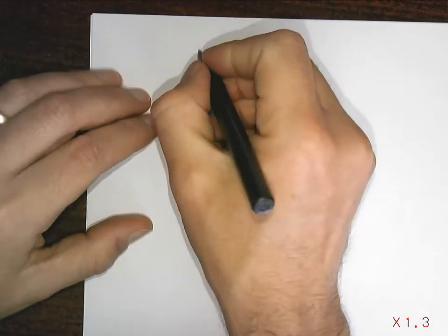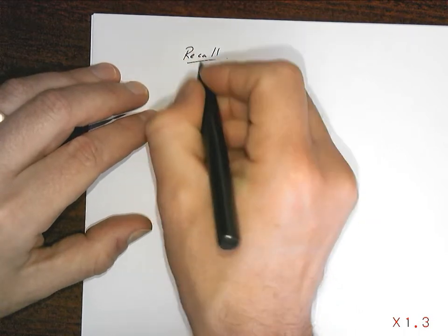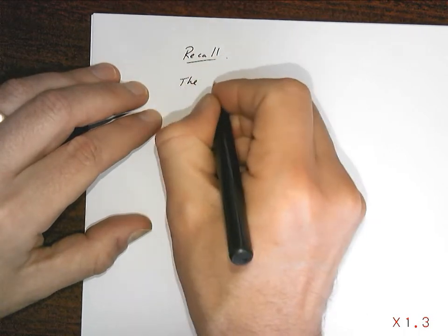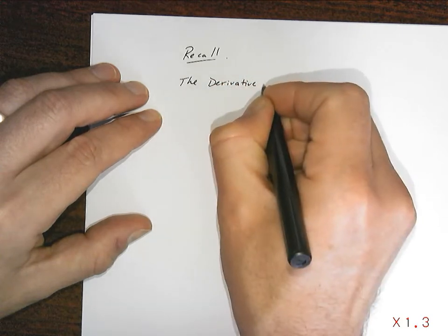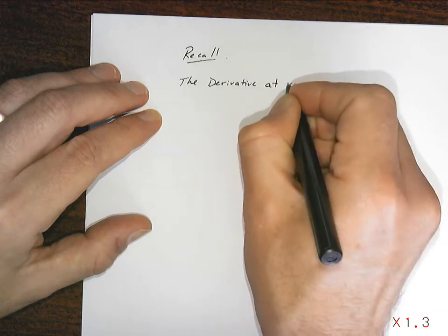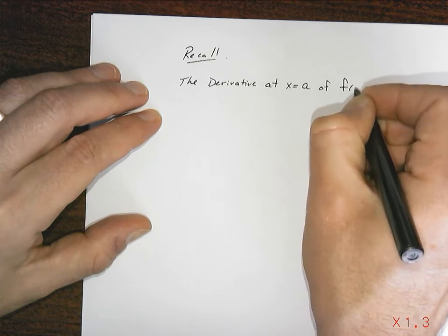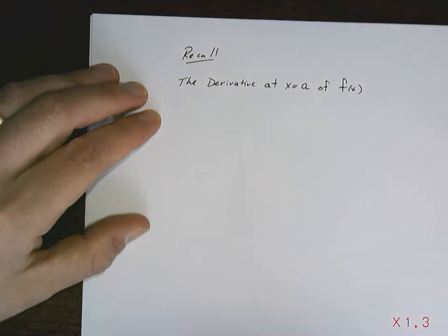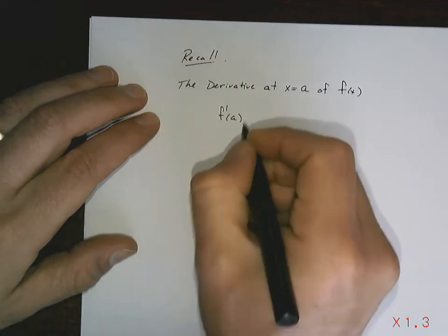Okay, ladies and gentlemen, it is time to stop talking about a derivative at a point. So, for example, recall if I asked you for the derivative at x equals a of a function f of x, then we know that that means f prime of a, that's what that means.